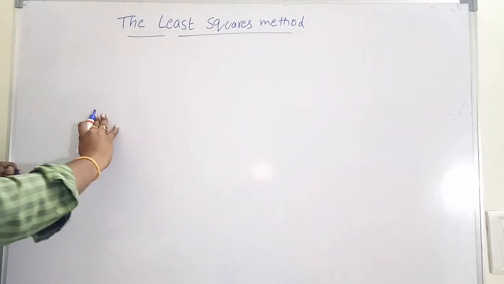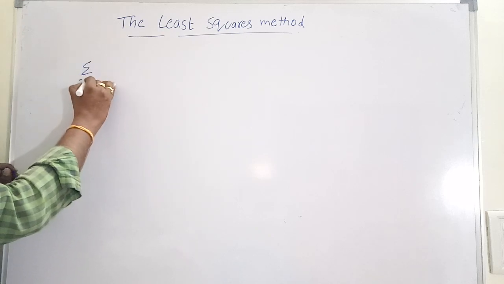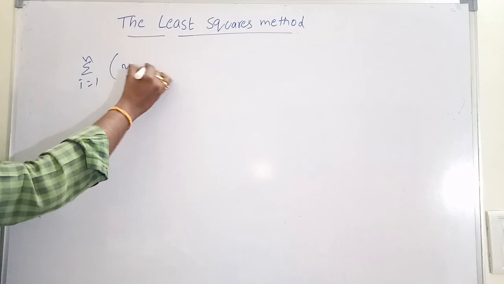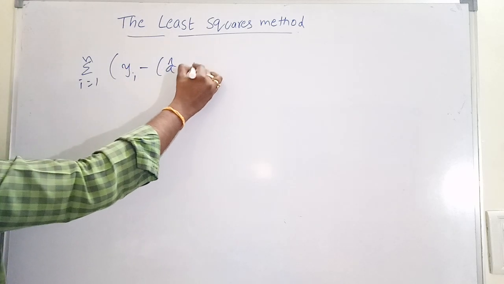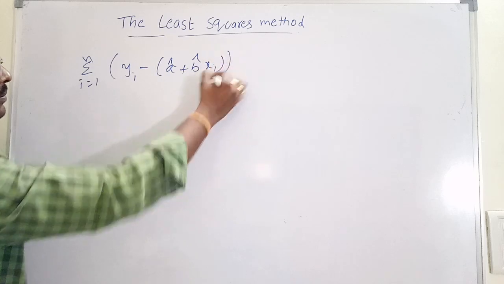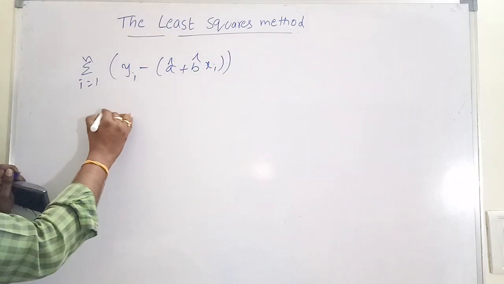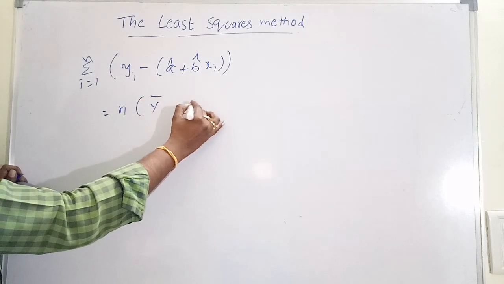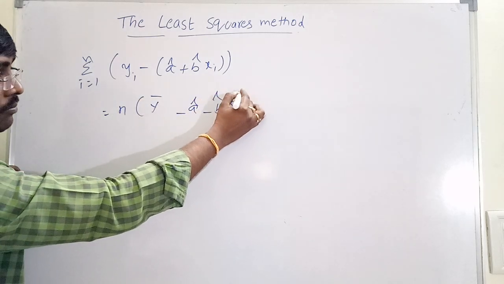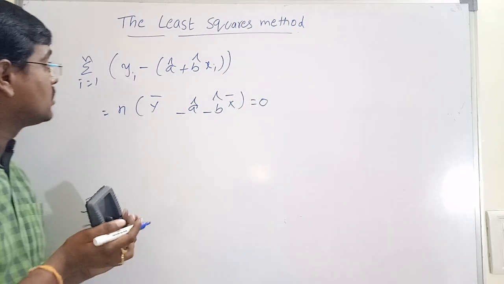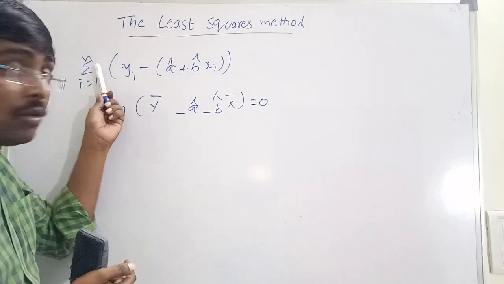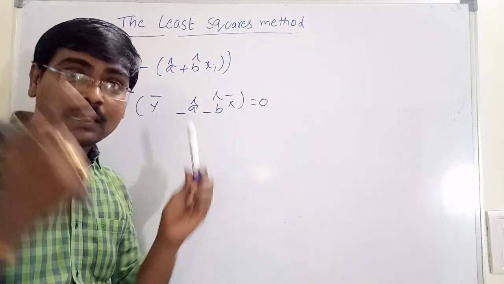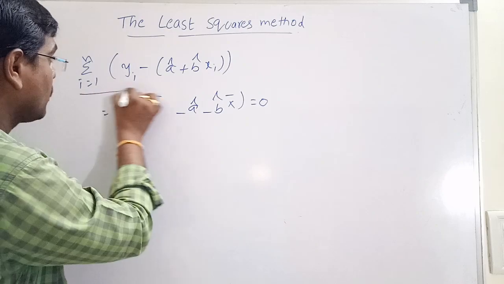The equation is sigma i equal to 1 to n of yi minus b cap xi. This is the equation we are already getting, the same point.